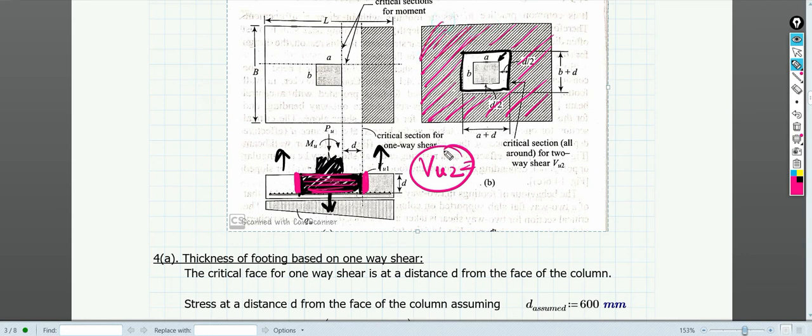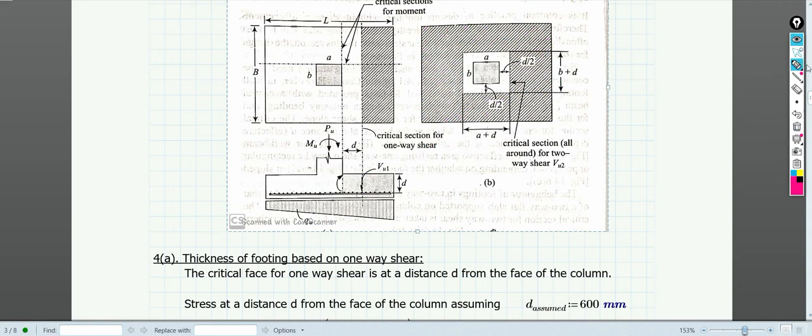So what you can do, you can find out the average shear force, Q average, that means acquired at the center, because it is varying, right? So you can find out a Q average, and from that you can calculate the shear force that is acting on this side. Okay, so let's see the equation.